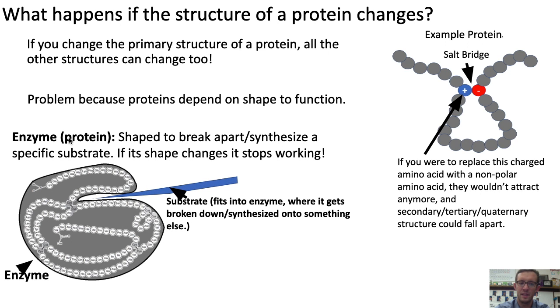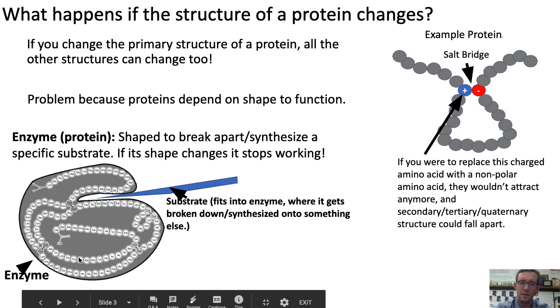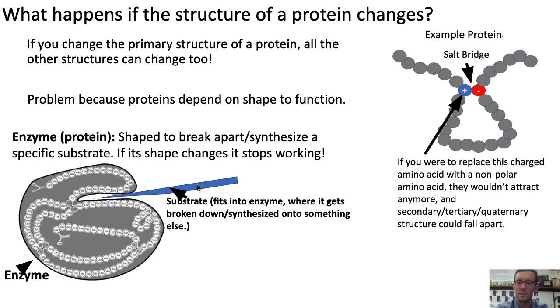The classic example of this is a protein called an enzyme. Enzymes are the things that we use to break apart and put together our nutrients in our body. The way an enzyme works, you can see this enzyme down here, is that it has a very specific shape that matches a specific substrate, a specific resource in our body.